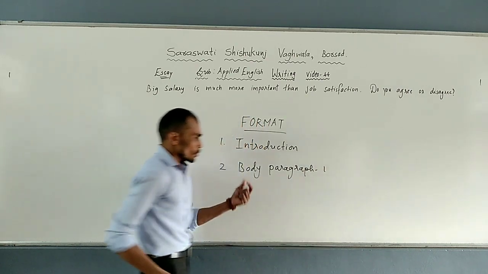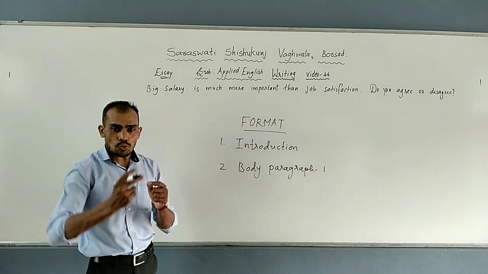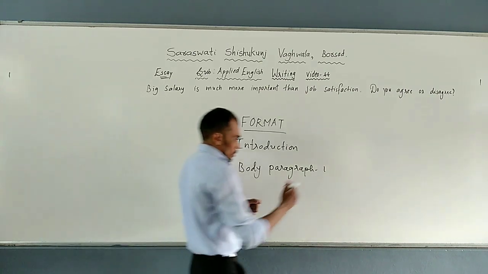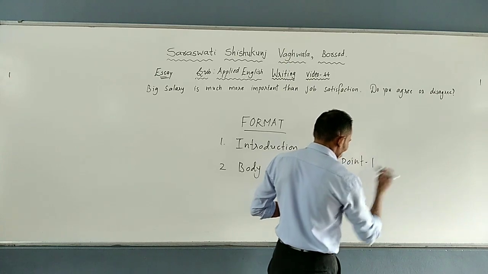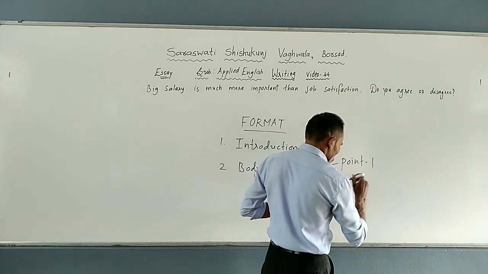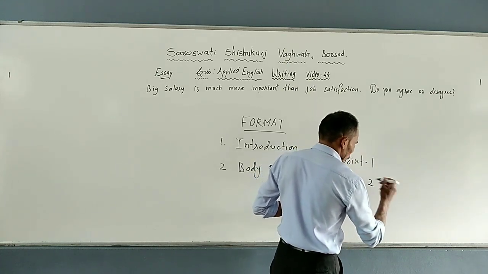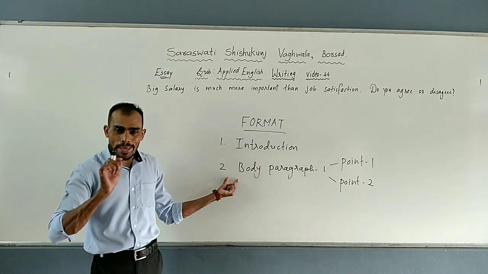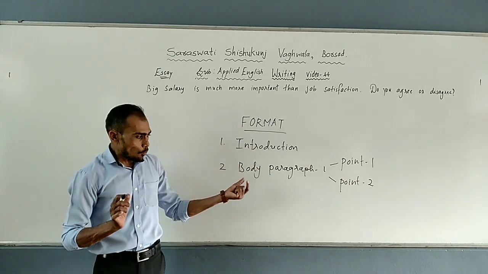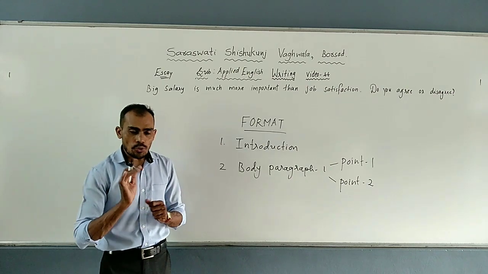1. Students, in body paragraph 1, there are 2 points. Okay, so I write here point number 1, point 1 and point 2. So whenever you are going to write point 1, you need to explain point number 1, and point number 2, that also you need to explain.